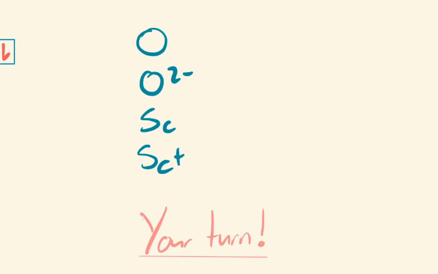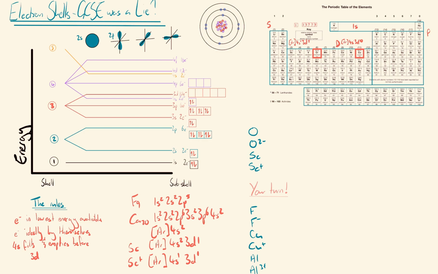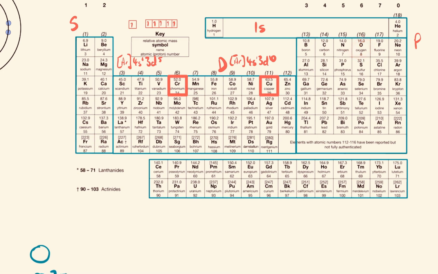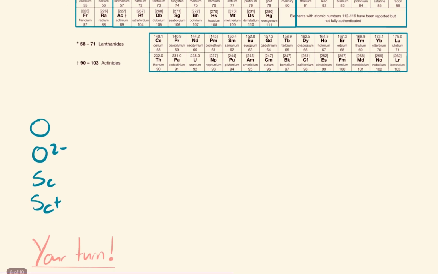Let me change these examples, because I've already done that. So oxygen, first of all. Oxygen is here. I can use my periodic table to help. 1s2, 2s2, 2p 1, 2, 3, 4.